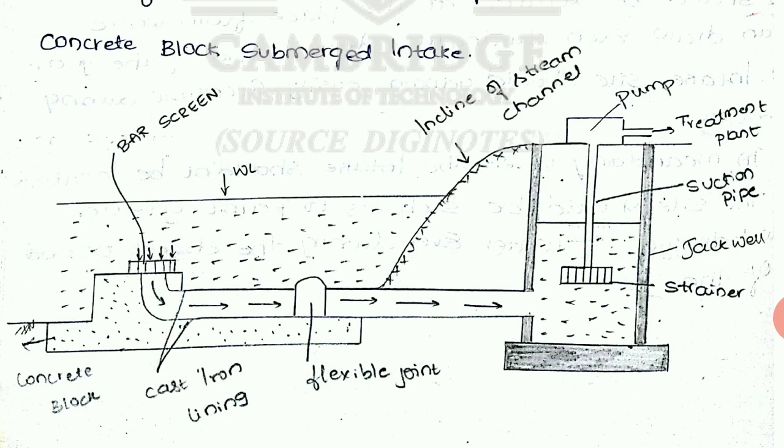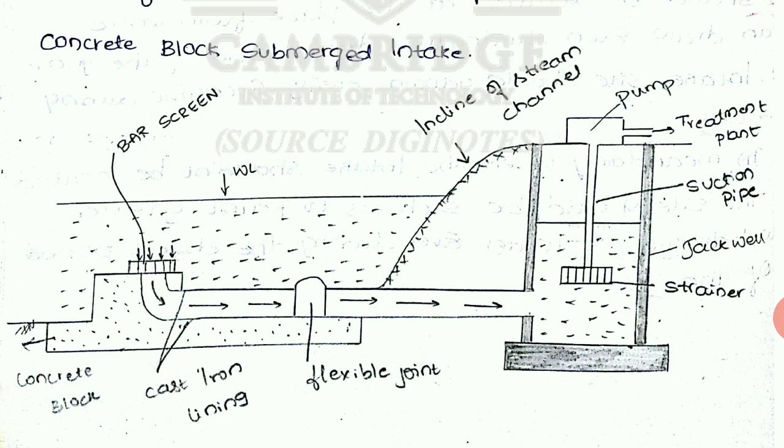And the intake structure is usually established or constructed in the sand bed, river bed, or bank of the river, where the sand bed is more, so the base flow will be there.